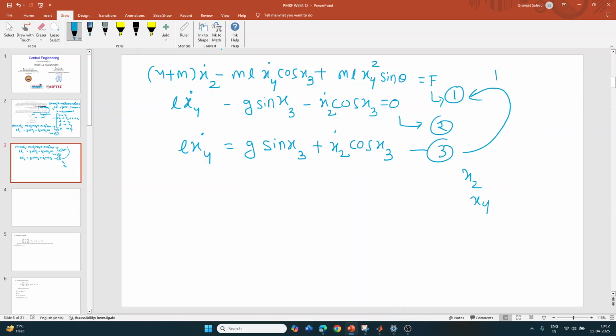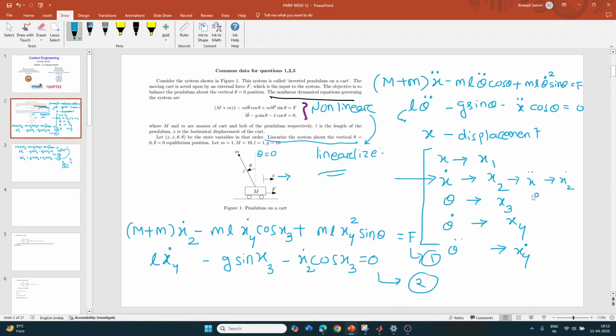If you generalize to write equation number 1 in terms of x1 and x2, wherever the x4 term is there, you have to eliminate it in terms of x1 and x2. Because if you go back to the previous slide, you can see that x and x dot are the first state variables, similarly theta and theta dot are related to x3 and x4. But he has given that we have to linearize the model.